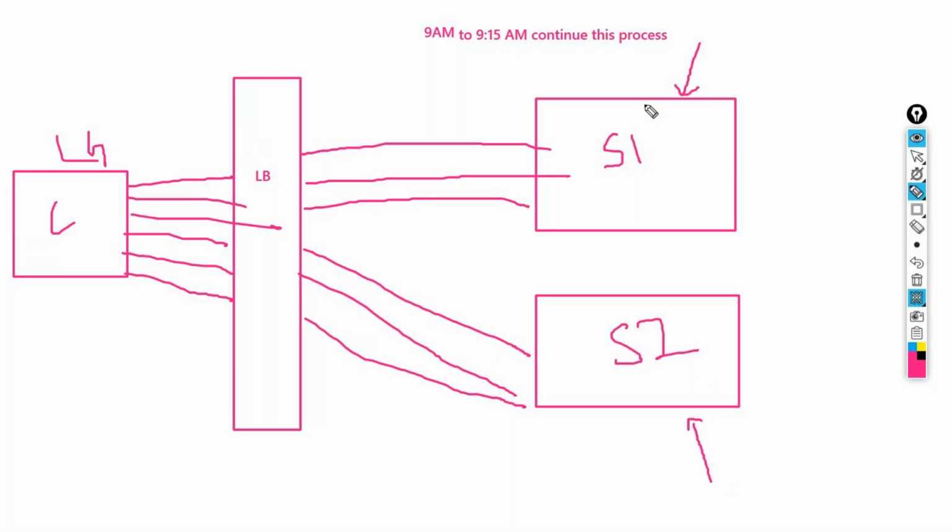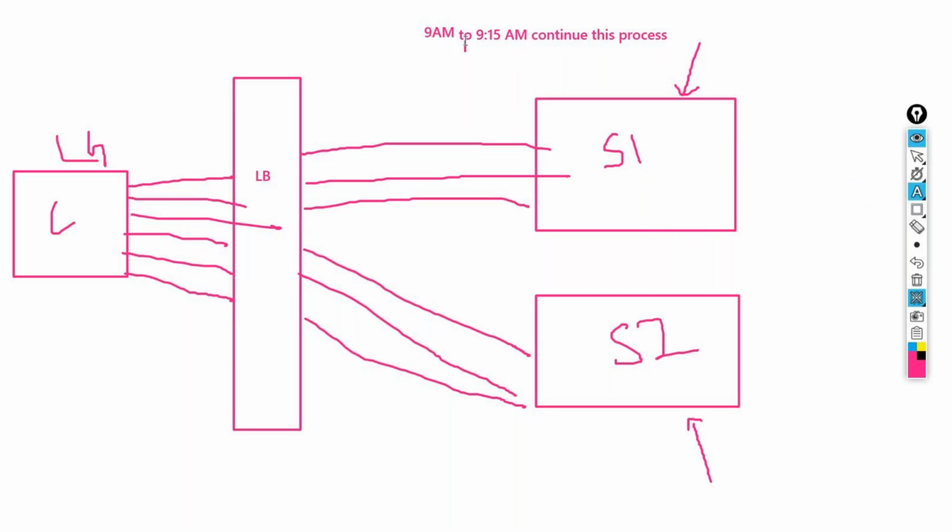How many requests are being received by server 1? How many by server 2? How many are being processed by each? How much time is it taking on average to process? Are there any errors? All these things you can monitor using APM tools. Continue this till 9:15.